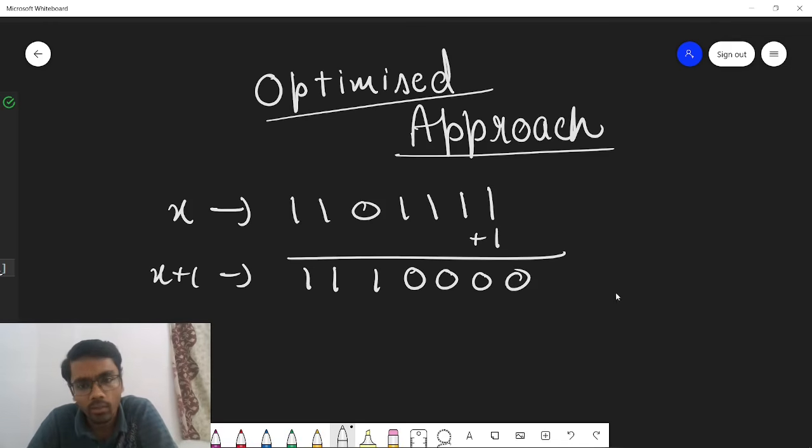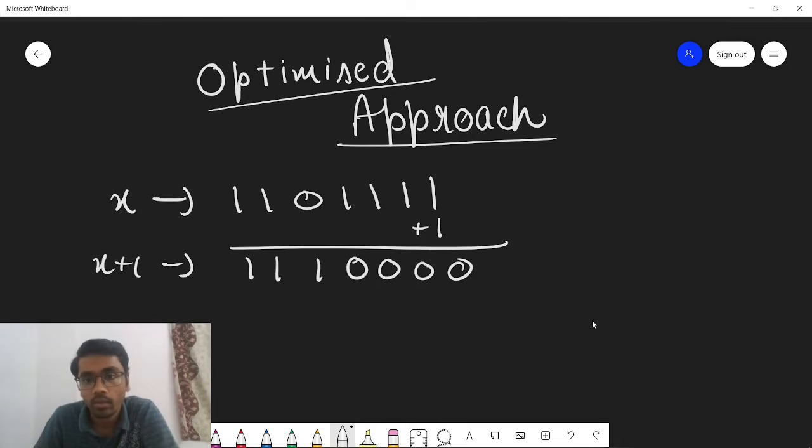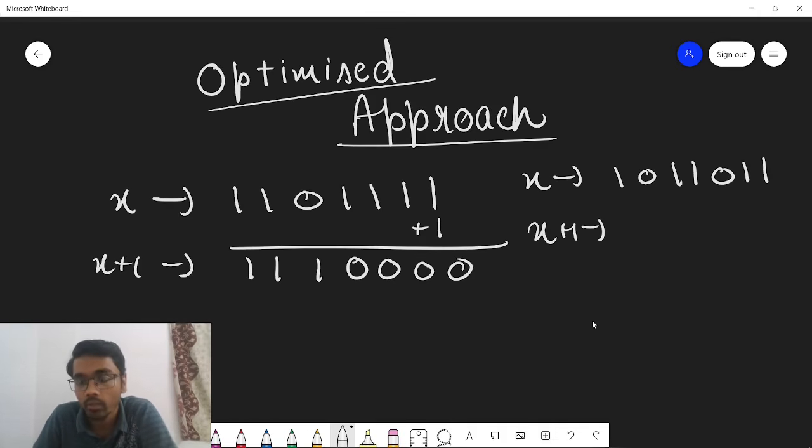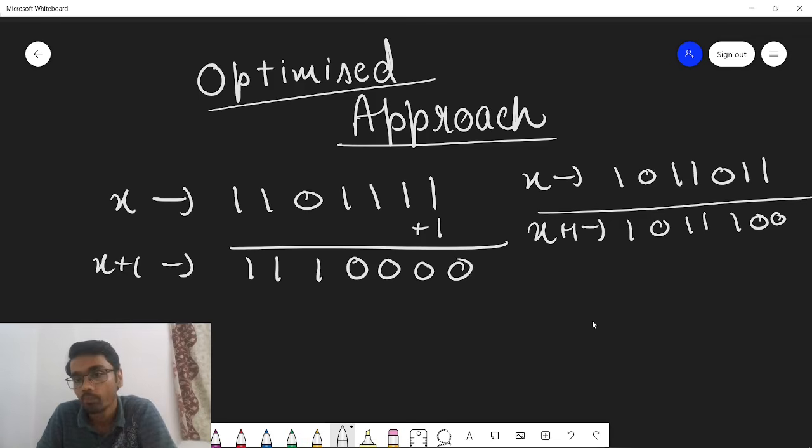Okay, let us take another example. So let's say our x value is given as 1 0 1 1 0 1 1. So what can be the x plus 1 value? x plus 1 will be nothing but 1 0 1 1 1 0 0. So did you analyze one thing here? Going from x to x plus 1, what are we doing?